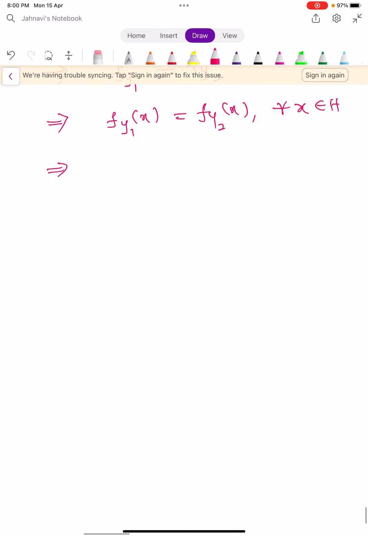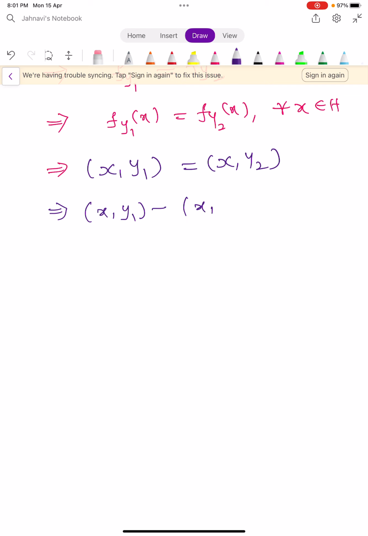So the inner product of x comma y1 is equal to the inner product of x comma y2. Again, this can be written as the inner product of x comma y1 minus the inner product of x comma y2 is equal to 0.